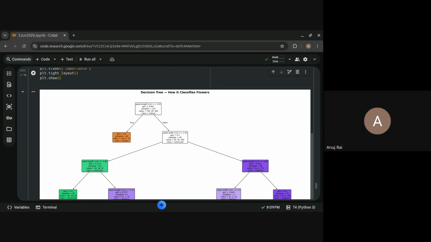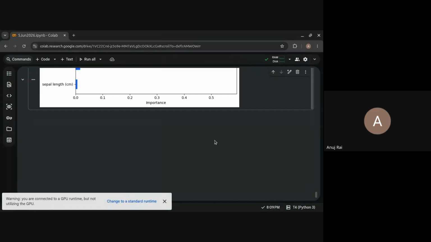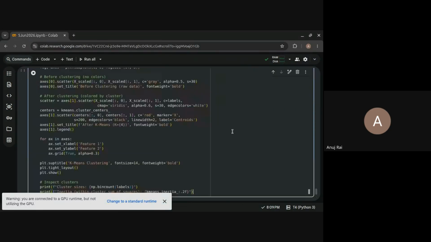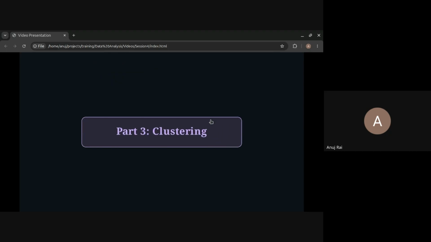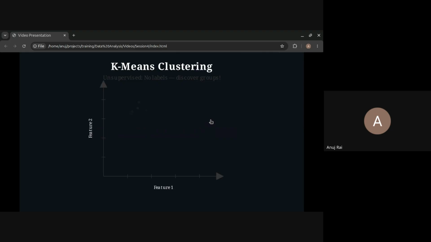So here we will look at k-means clustering. Basically, when there is a pattern in the data points, they form groups. In most cases, data points definitely form groups.